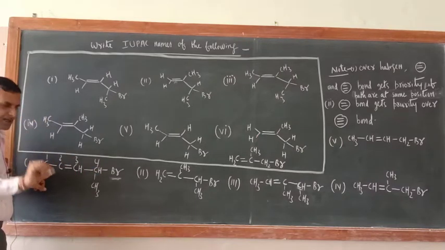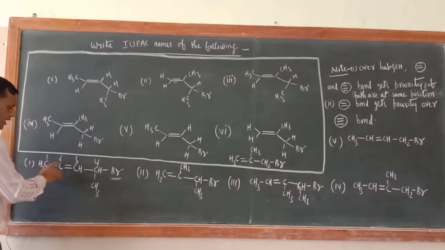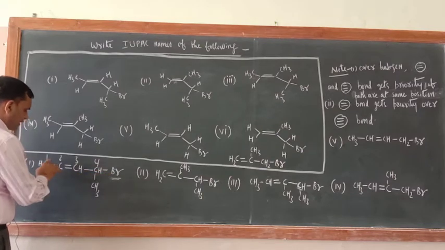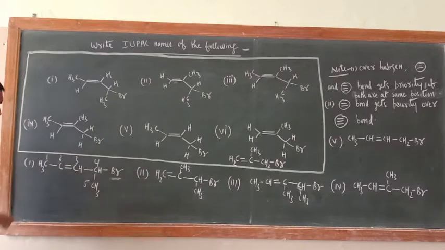So try to understand here. What should be there? 1, 2, 3, 4. Double bond should get priority over halogen. So 1, 2, 3, 4, 5.